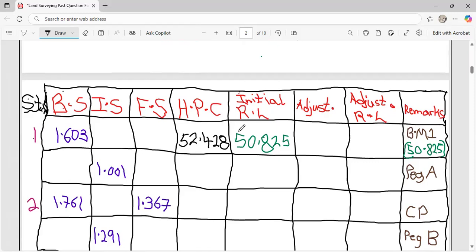I added my initial reduced level to what? My backside, which was what? 50.825 plus 1.603. Okay. And that gave us what? 52.428. Good. From there, what else are we supposed to do?